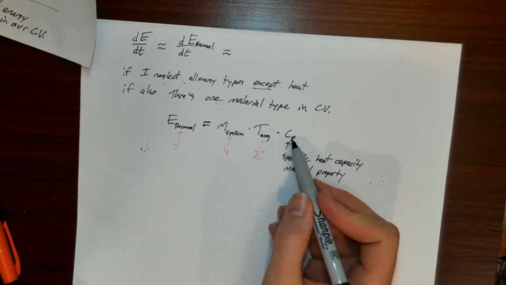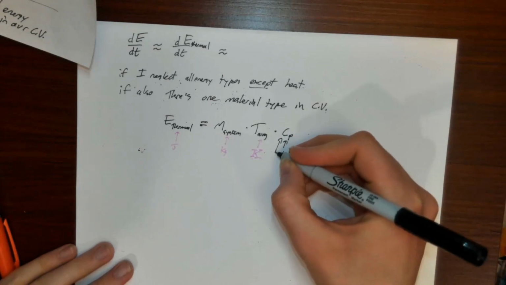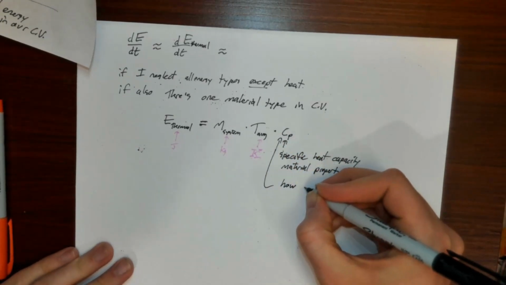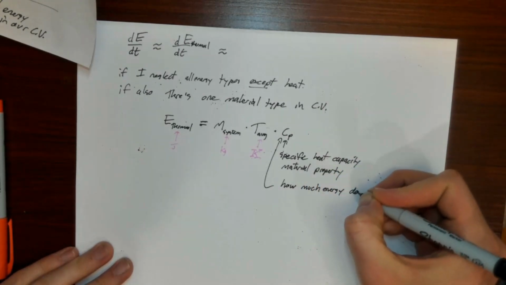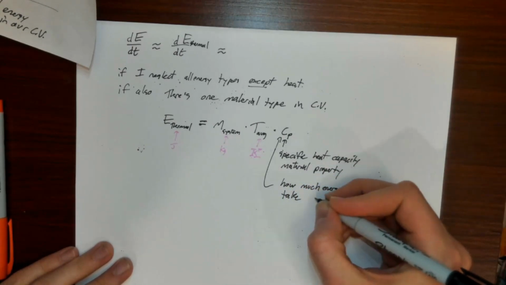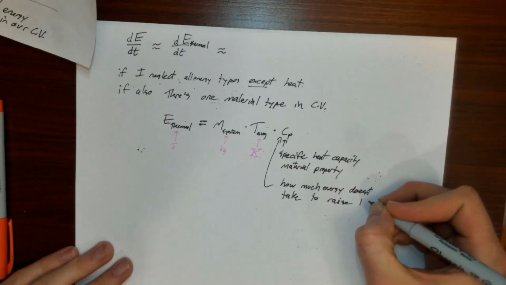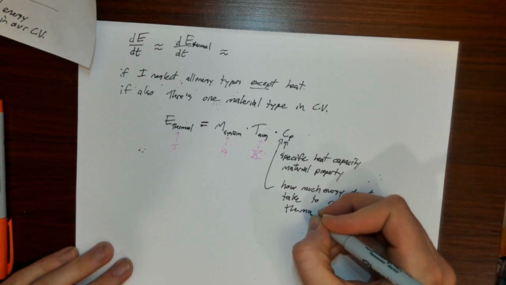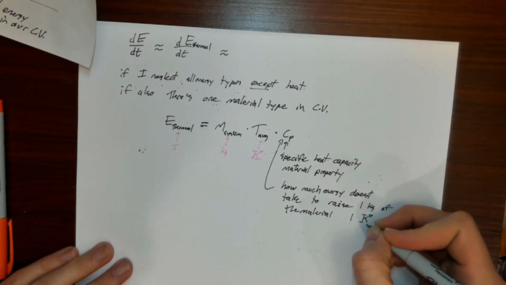So basically the Cp, the specific heat capacity, is how much energy does it take to raise 1 kilogram of the material 1 Kelvin.